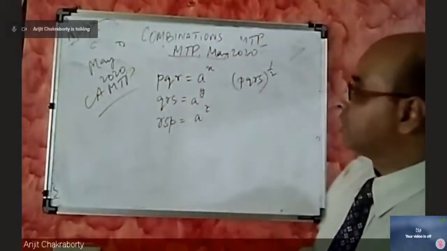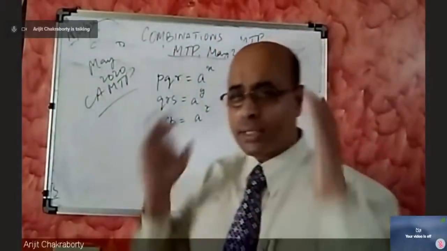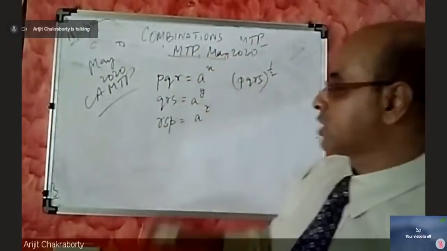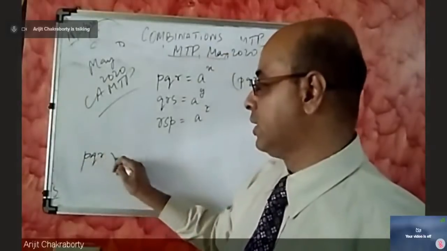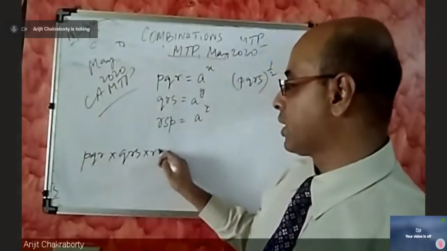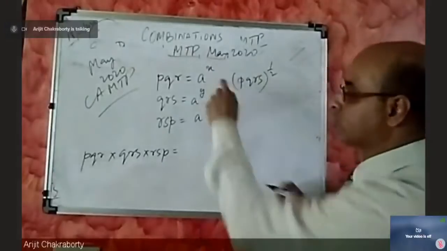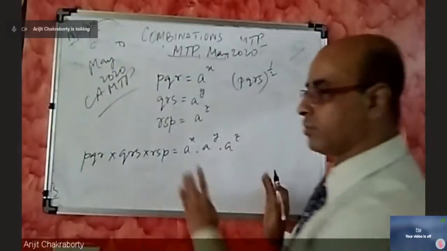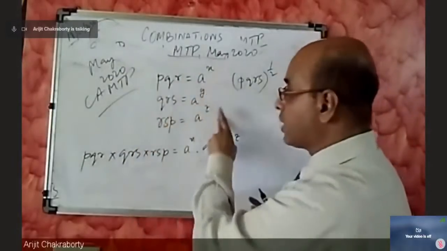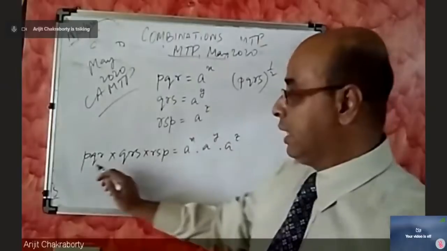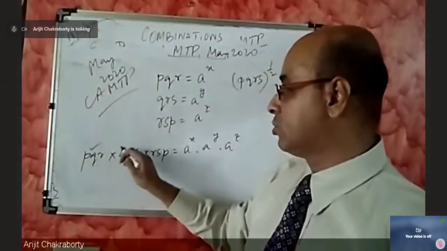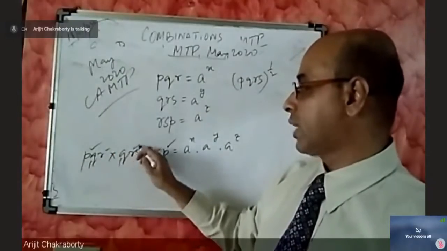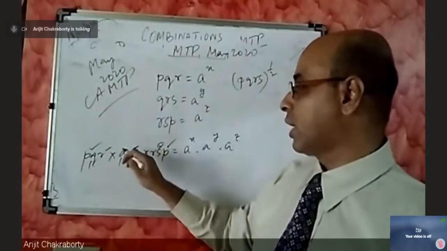Okay, let's go on multiplying. Indices is easy. PQR into QRS into RSP is equal to a to the power x into a to the power y into a to the power z. Left hand side multiplication, right hand side multiplication. If you multiply this, you will find P 2 times, Q 2 times, R 2 times and S also 2 times.